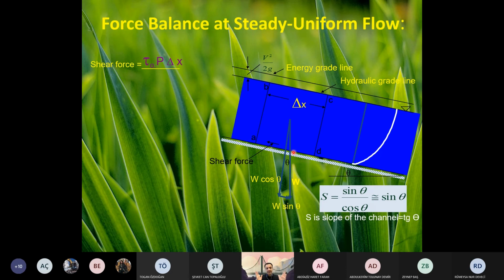If it is, for example, a trapezoidal channel, assume the cross section, we have some places that water is in contact with the bed, with the channel. What do we call that length? Wetted perimeter. We called it wetted perimeter.